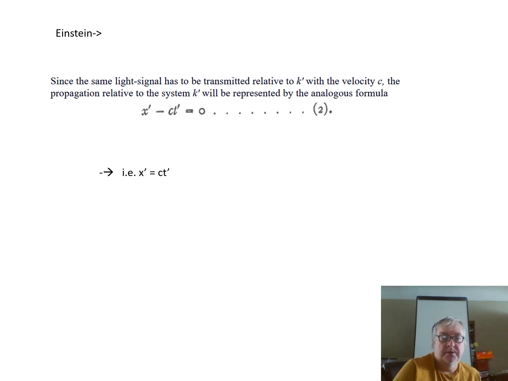Einstein continues, since the same light signal has to be transmitted relative to k prime with the velocity c, the propagation relative to the system k prime will be represented by the following formula: x prime minus ct prime equals 0, and that's equation 2. In other words, x prime equals ct prime.